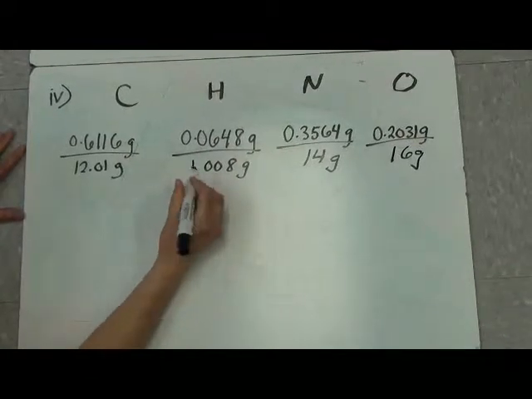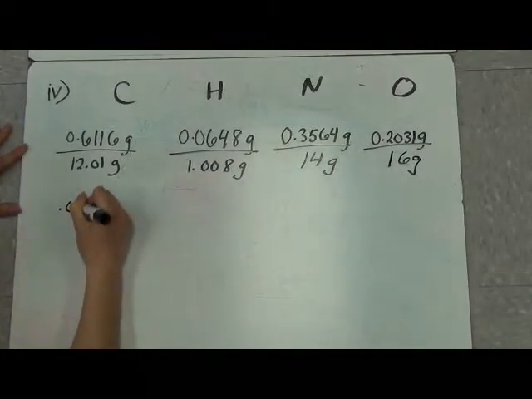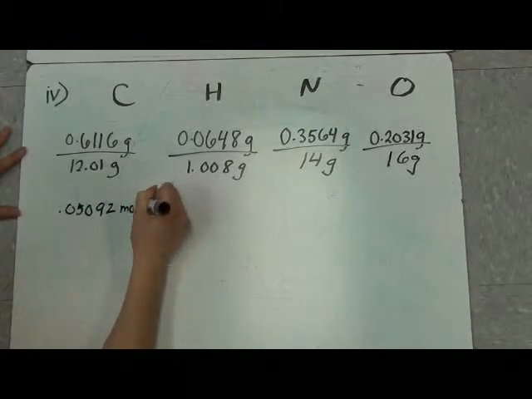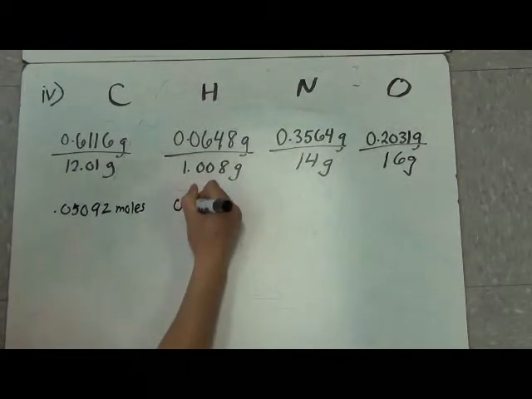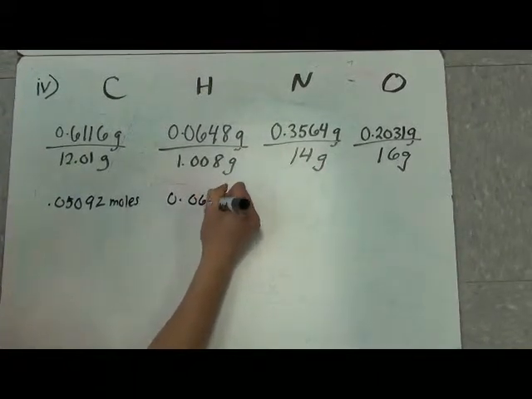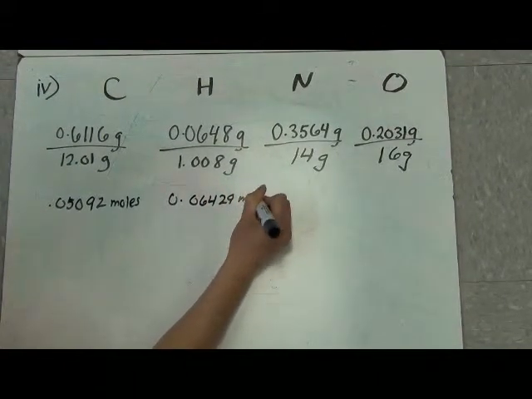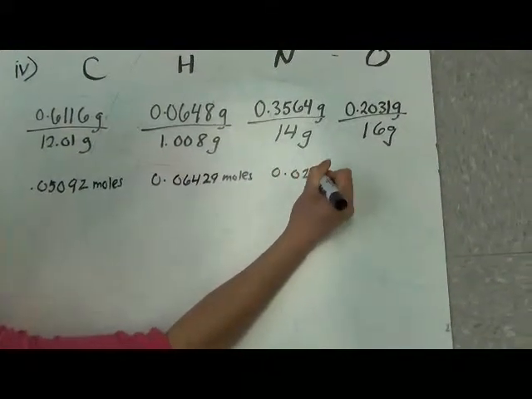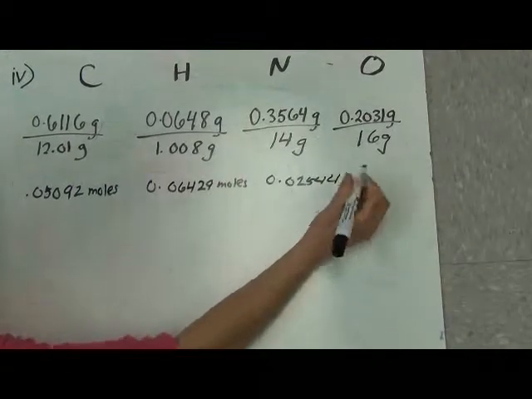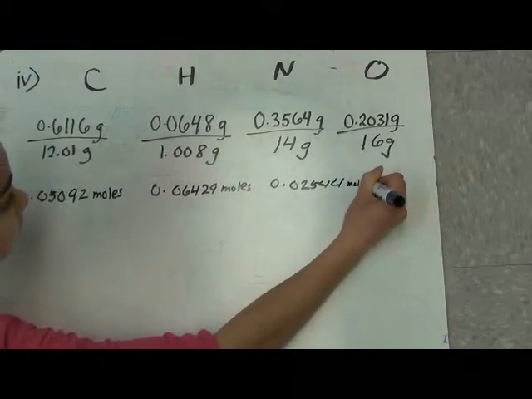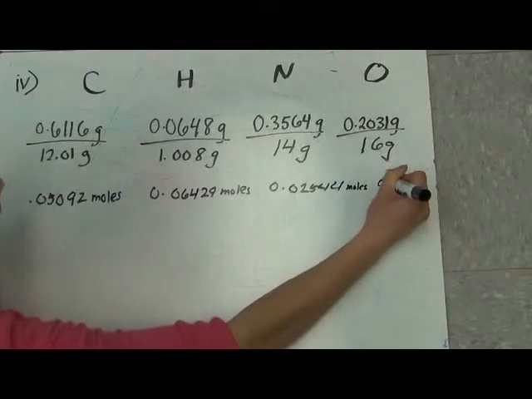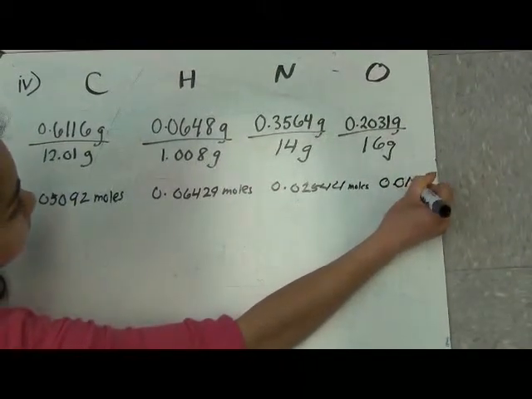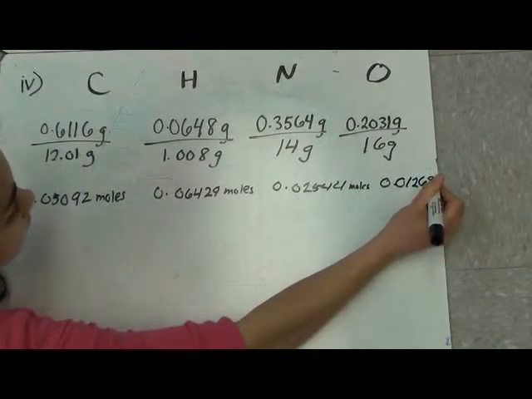This will give us the moles. 0.05092 moles for carbon, 0.06429 moles for hydrogen, 0.02544 moles for nitrogen, and 0.01269 moles for oxygen.